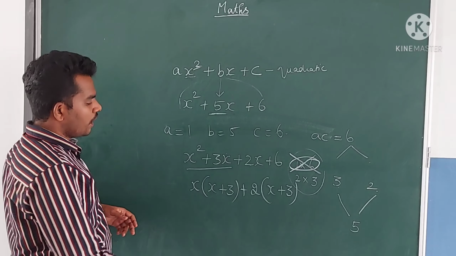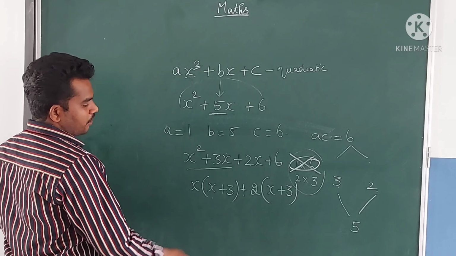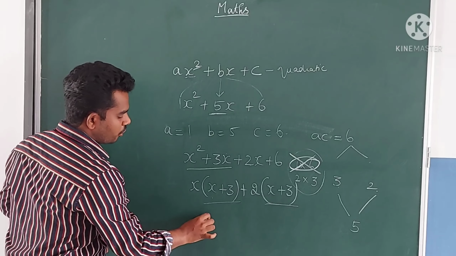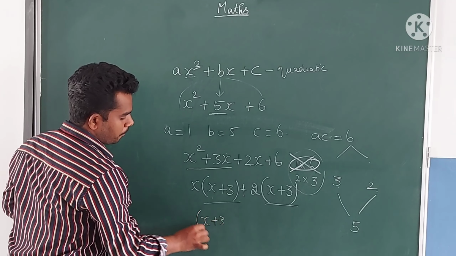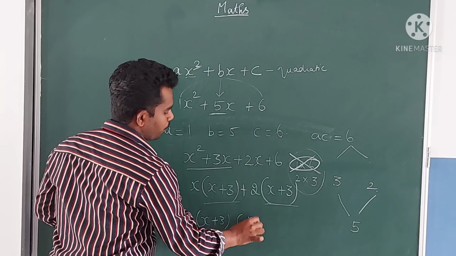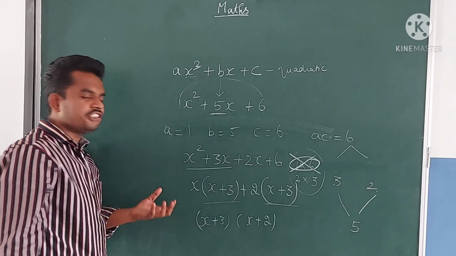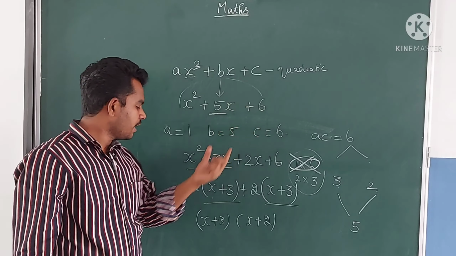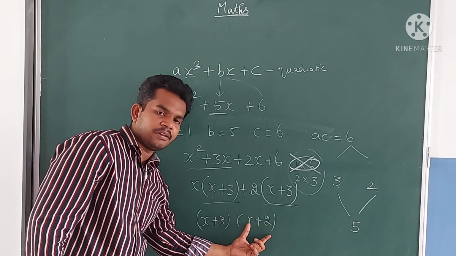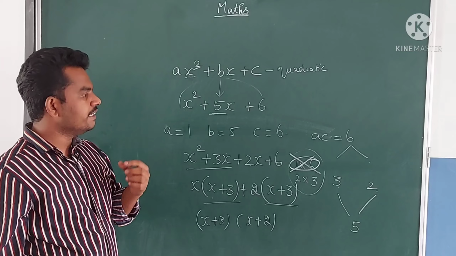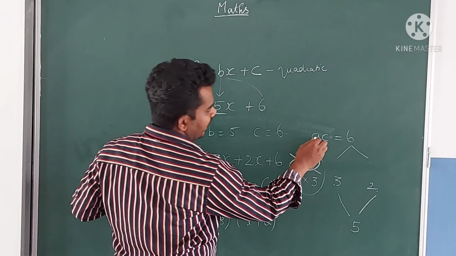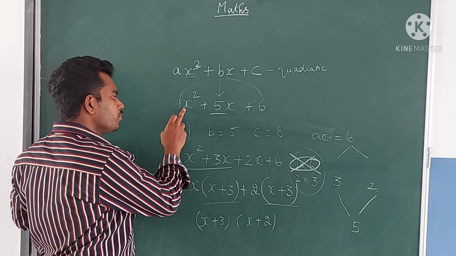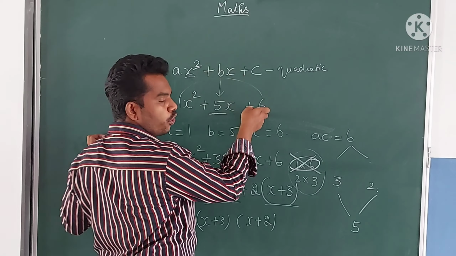Okay, so next step, which one is common? x plus 3 is common. Take it as common: x plus 3 into x plus 2. So the factors of x square plus 5x plus 6 are x plus 3 and x plus 2. So what are the conditions? First, find ac, that means the coefficient of x square into the constant.